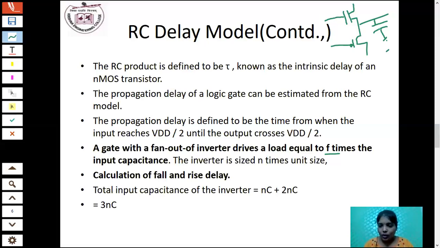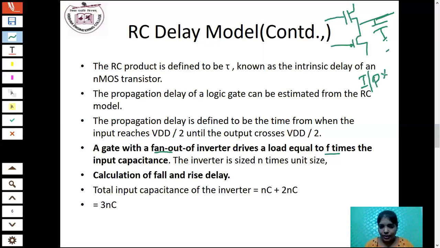The load capacitance is driving a larger number of gates. You already know the meaning of fan out: a single device driving a larger number of inverters, that is, more gates. That is your fan out. So to obtain the load capacitance value, we multiply the input capacitance value with F. I will explain the input capacitance next.